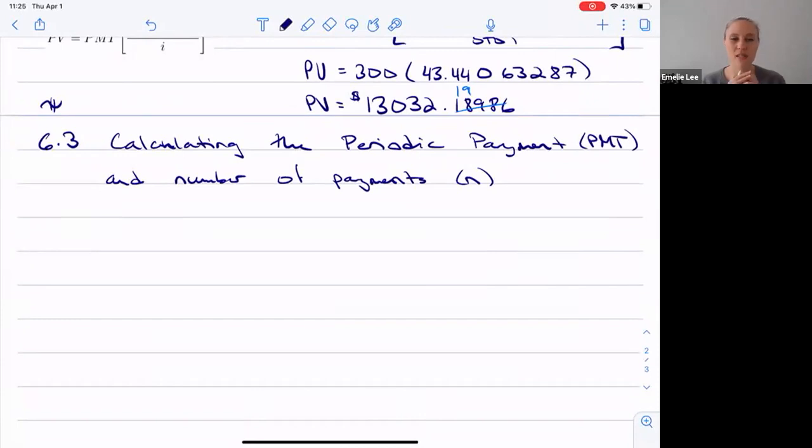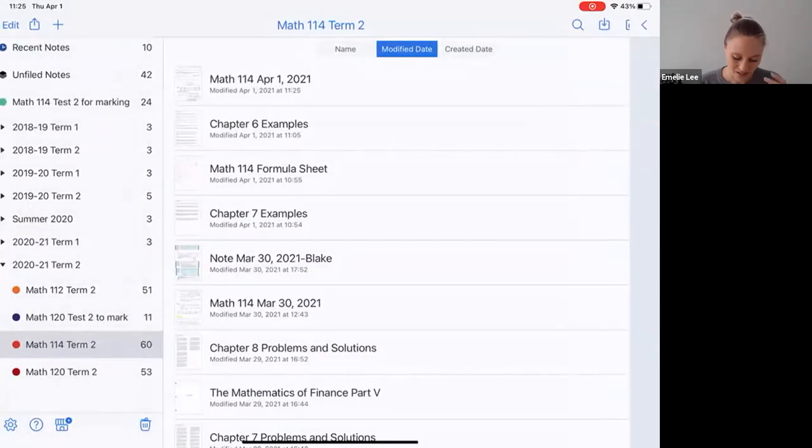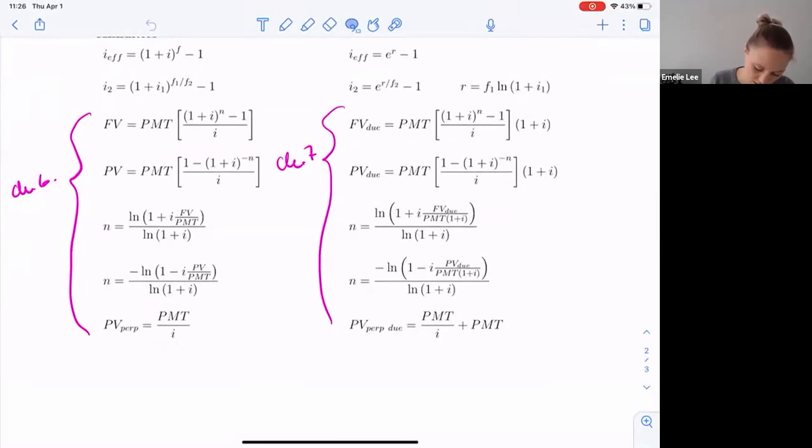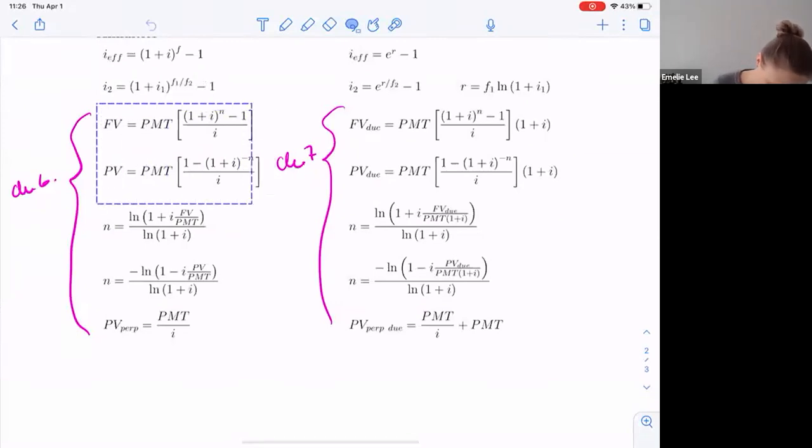So what I want to do is just take you back to the formula sheet, right? So everything is on here. It's a lot to look at in one go, right? So now I want you to focus on, let's start with the payment amount.